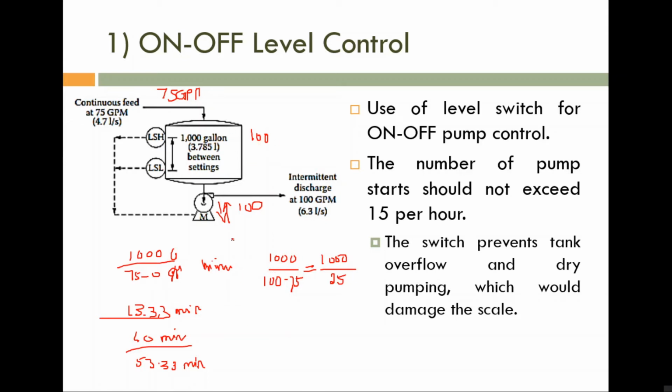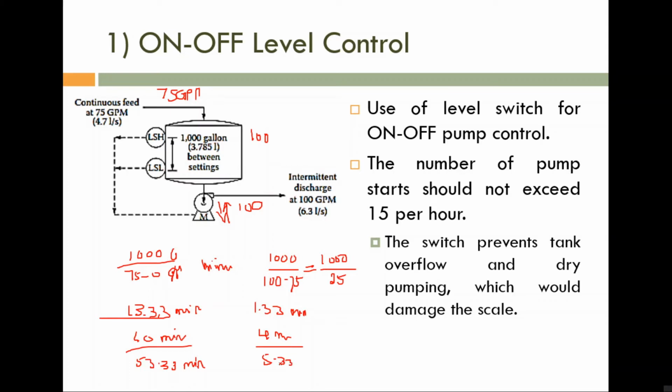For 100 gallons, to fill this tank the time required will be 1.33 minutes, and to empty this tank the time required is 4 minutes. So the total time is 5.33 minutes.